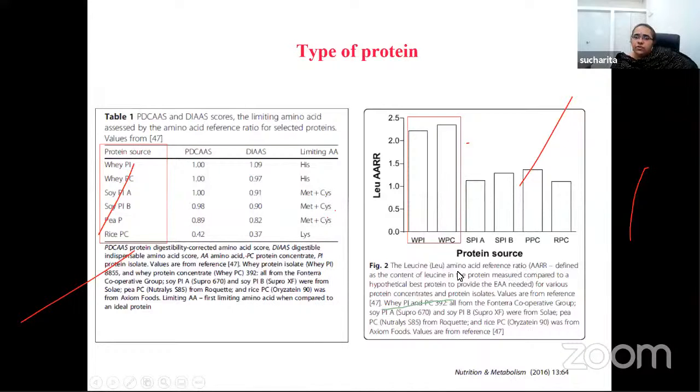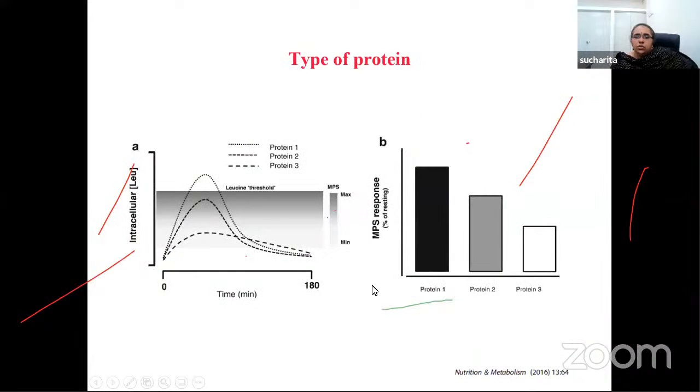It's important for us to pick a protein which has a greater ratio of branched chain amino acids, and whey protein seems to have that. So does the type of protein matter? The answer is here is a study which looked at the intracellular leucine levels versus the muscle protein synthesis.